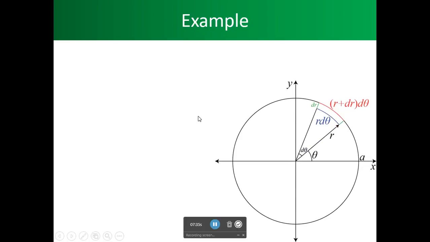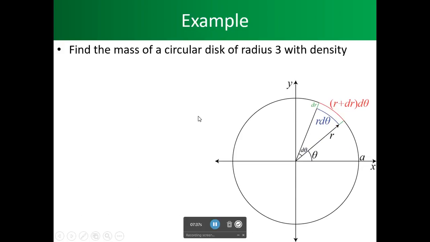Okay, so let's look at an example. Find the mass of a circular disk of radius 3 with density equal to x squared, where x equals r cosine of theta.